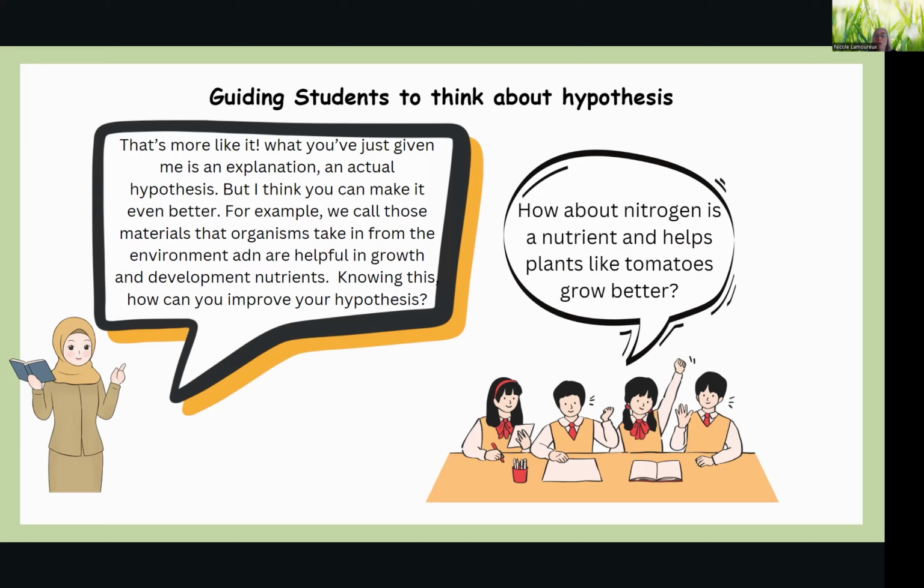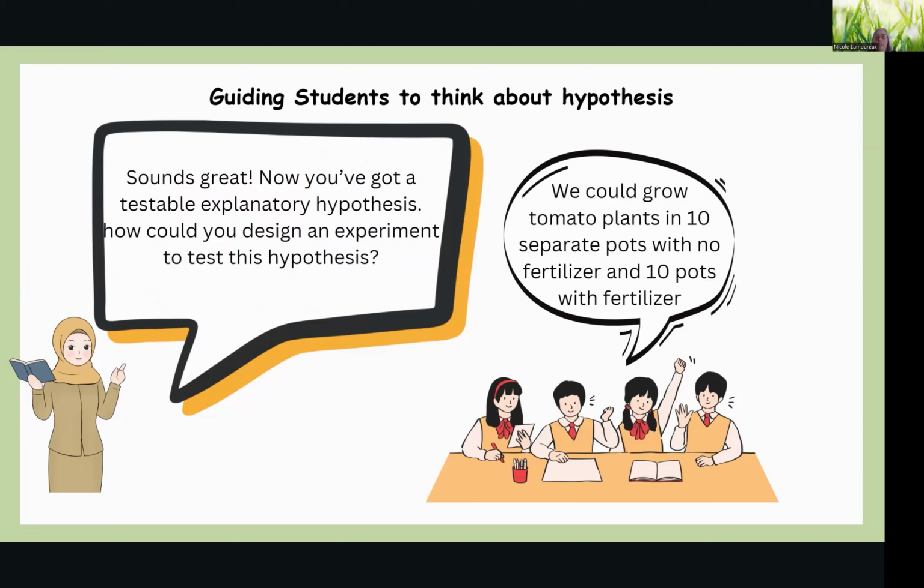Knowing this, how can you improve your hypothesis? Think, pair, share, or write it. How about nitrogen is a nutrient that helps plants grow? So you can see it's a broader statement generalizing out to all plants, not just to the specific experiment, and it's not what we're observing. Sounds great. You've got a testable explanatory hypothesis.